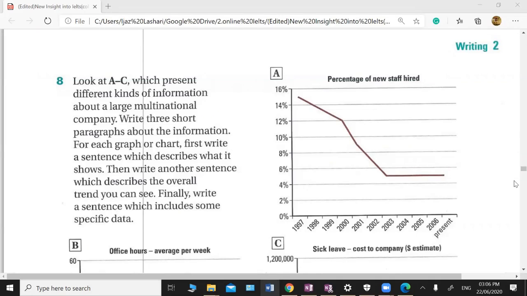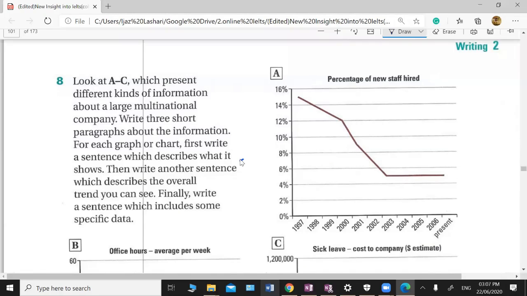So what the exercise says here is, look at A to C, which present different kinds of information about a large multinational company. Write three short paragraphs about the information. For each graph or chart, first write a sentence which describes what it shows.